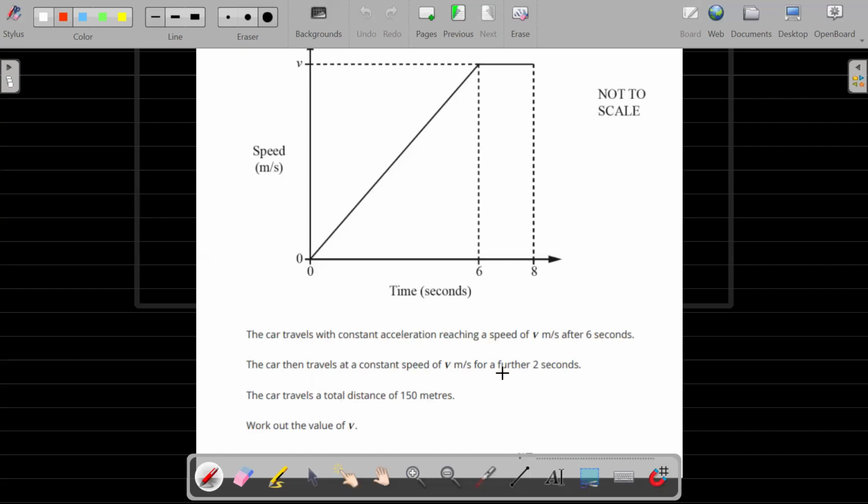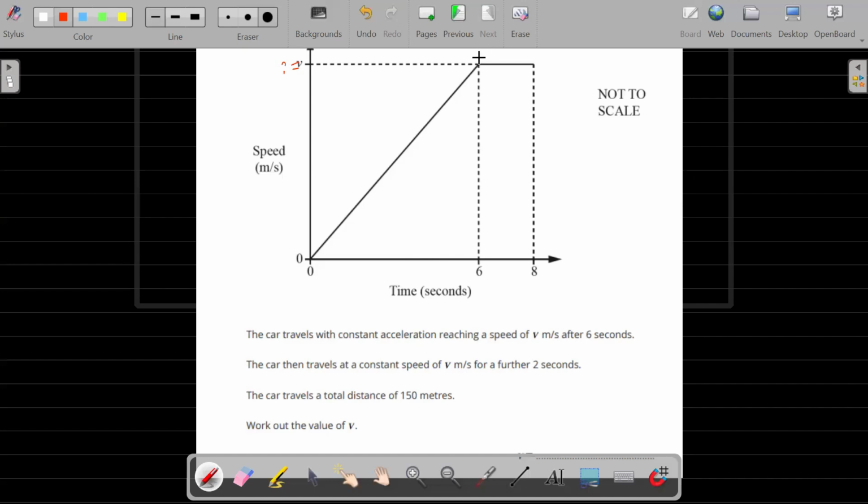So we need to calculate v. Few values are given, which means the total distance is given. I will consider this side as v.